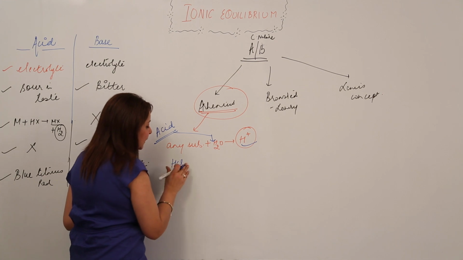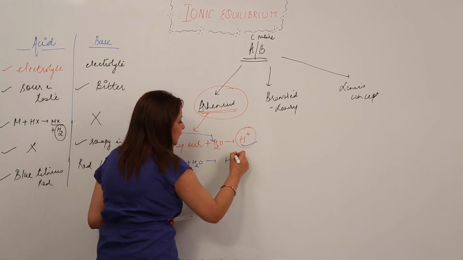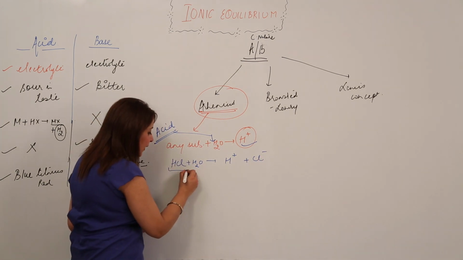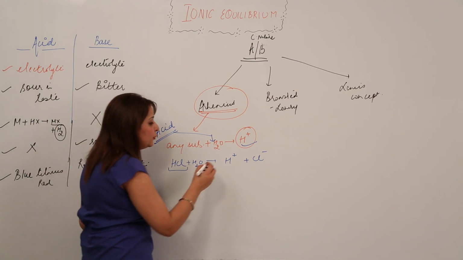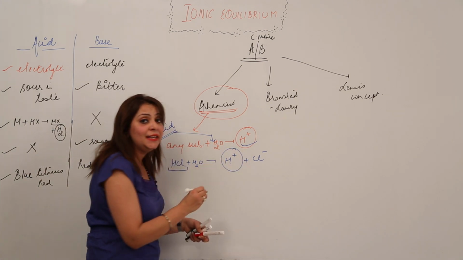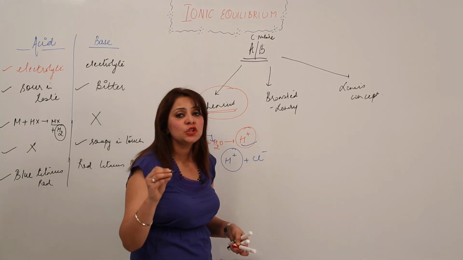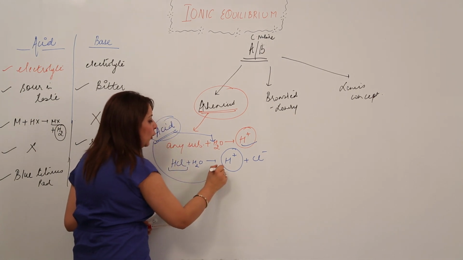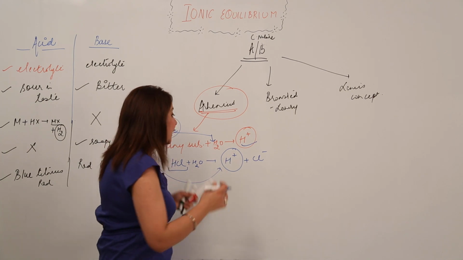He said that when we dissolve HCl into water, we get the hydrogen ion separated from the chloride ion. In HCl we have H and Cl, so it breaks down to form H ion. Any substance that releases H ion is considered an acid by Arrhenius. This is how he explained the nature of the acid, right?